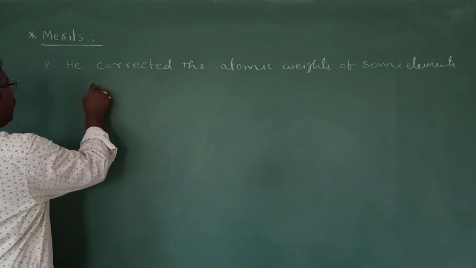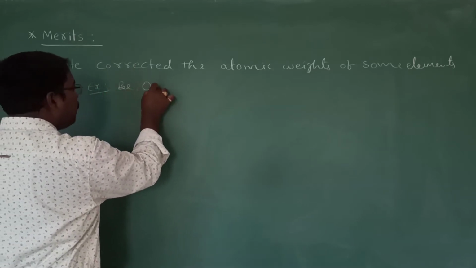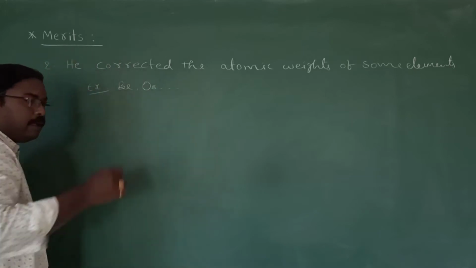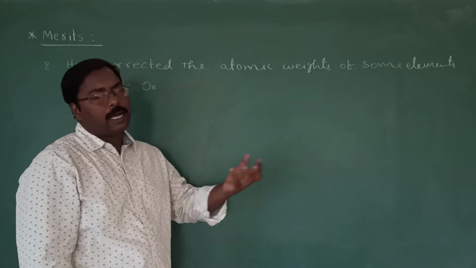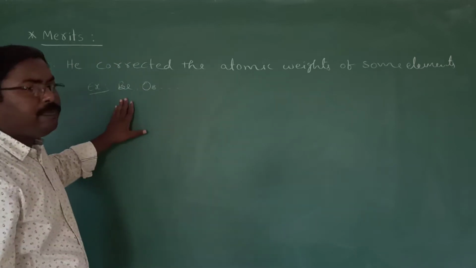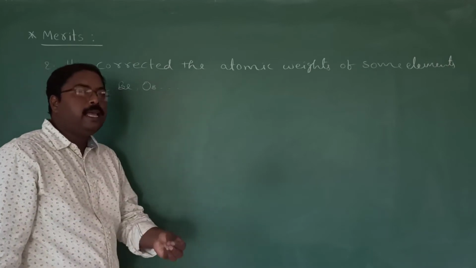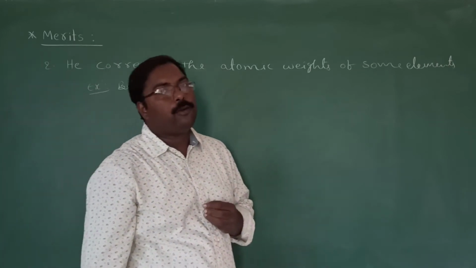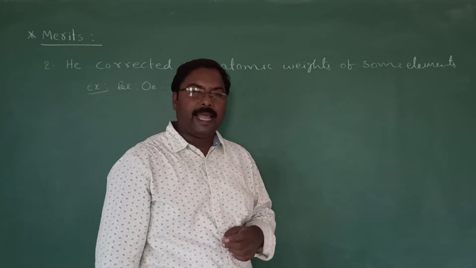For example, he corrected beryllium, as well as osmium. Previously, the atomic weight of beryllium was calculated as around 13.5, but he corrected that atomic mass to around 9.